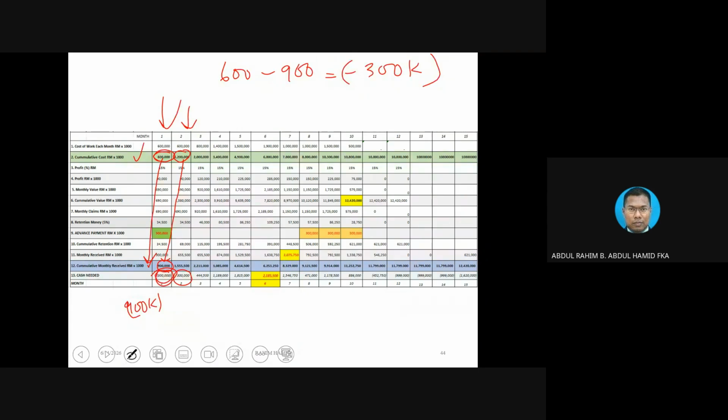How much? 300,000. Okay. On the third month, 2 million minus 1555, you get this amount. So you do that for the rest of the calculation. Just copy paste the formula. Don't worry about you want to deduct with other thing.